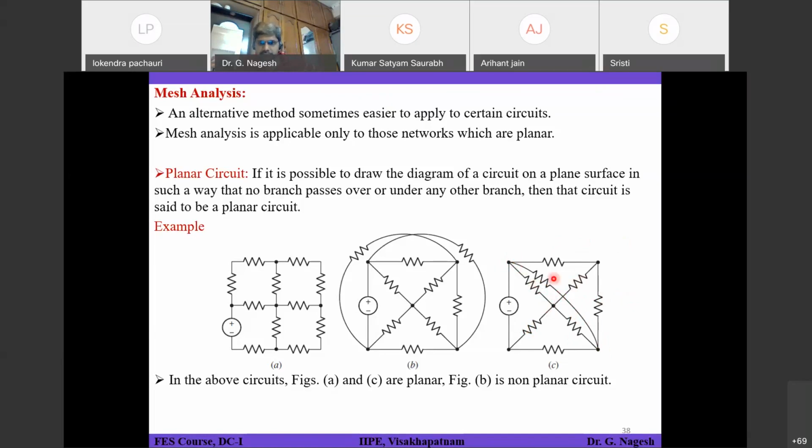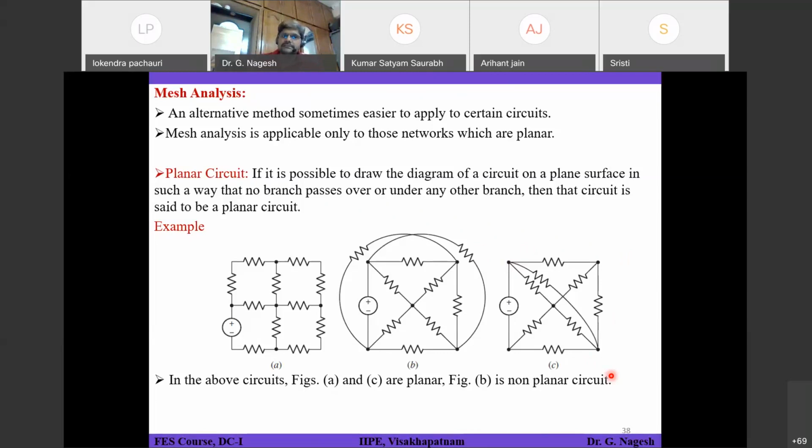So without overpassing or underpassing, I am able to draw circuit C also on a plane surface. That's why C is also a planar circuit. Just to make it clear, I have drawn it in such a fashion. So circuits A and C are planar circuits, and circuit B is a non-planar circuit.